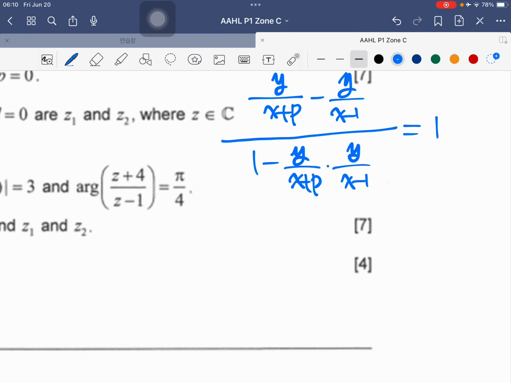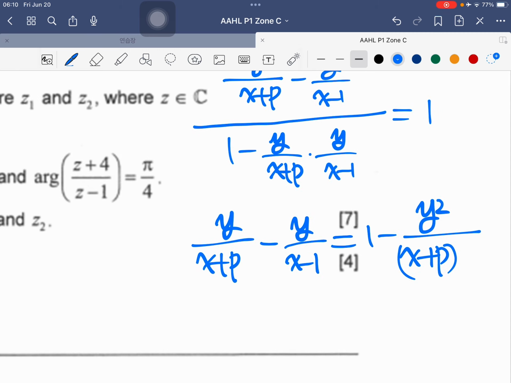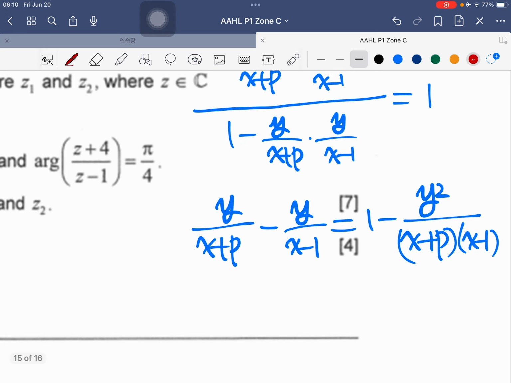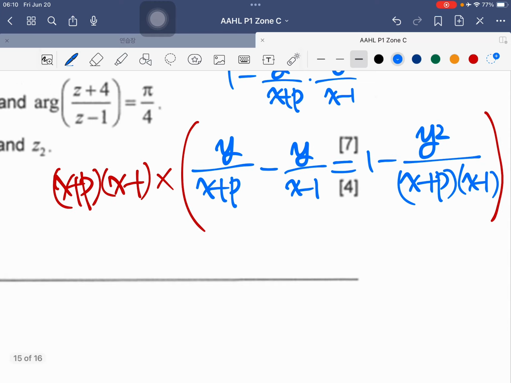So we can say y over x plus p minus y over x minus 1 equals 1 plus y squared over (x plus p)(x minus 1). Next we can multiply (x plus p)(x minus 1) on both sides and see what happens.